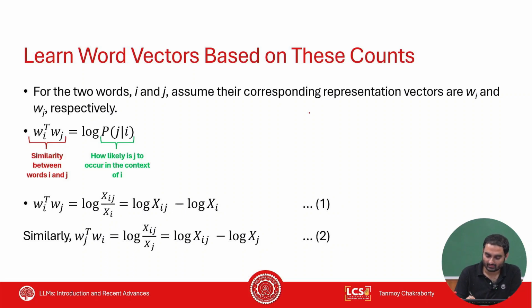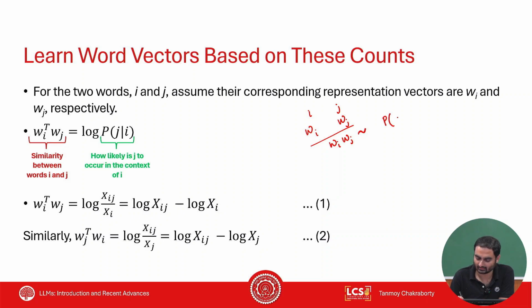Given a pair of words i and j and their corresponding embeddings wi and wj that we want to learn, how do we learn this? We say that the similarity between these two embeddings, which is captured using the dot product wi dot wj, should be modeled using the probability that I just measured.